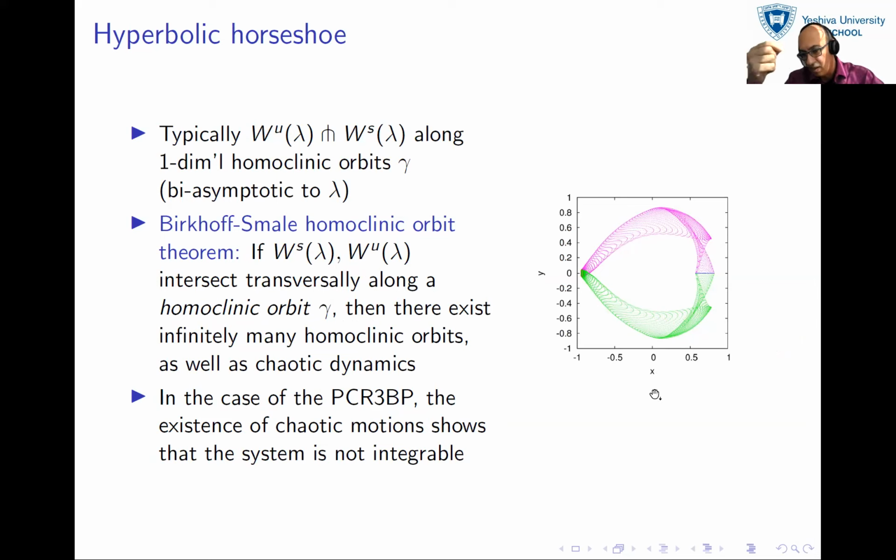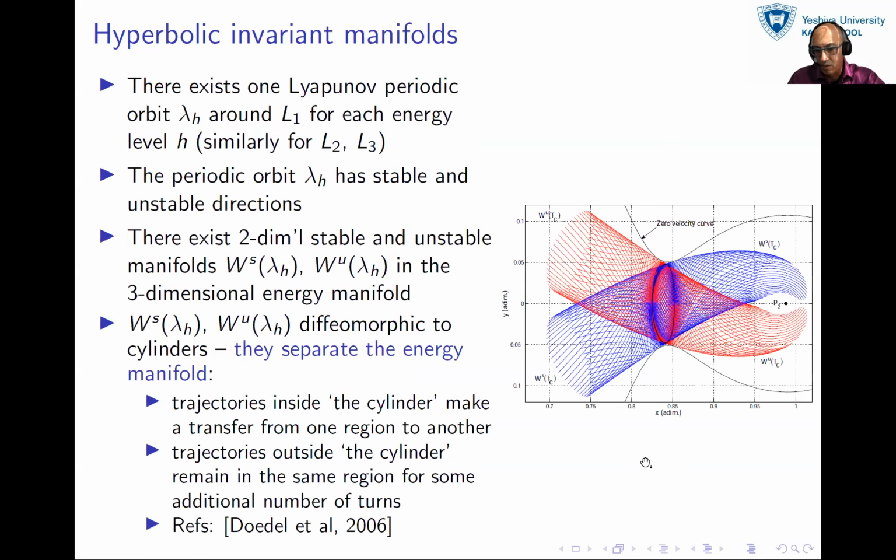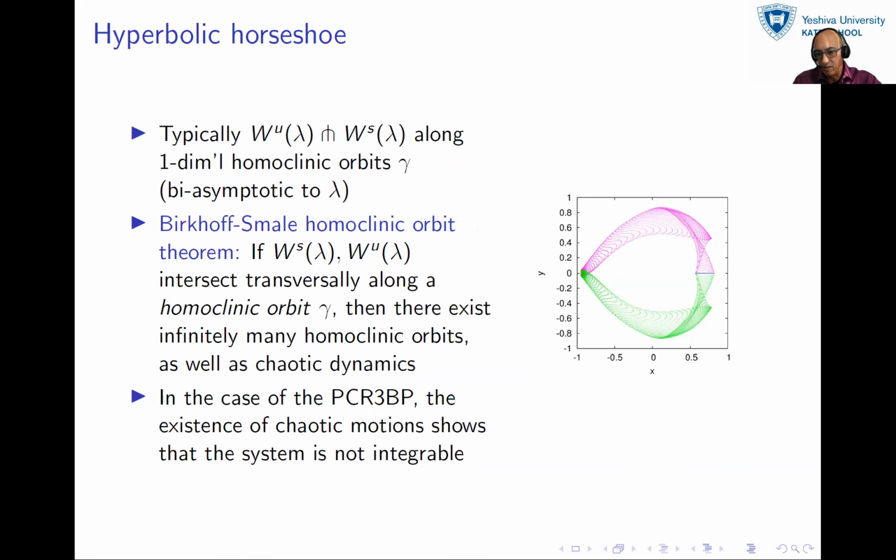So you can take the unstable manifold, switch to the stable manifold, take the other unstable manifold, switch to stable, take unstable, switch to stable. So you get interesting orbits that go around the Earth and go around the moon for free.